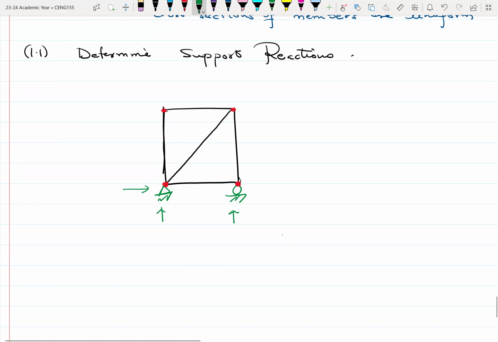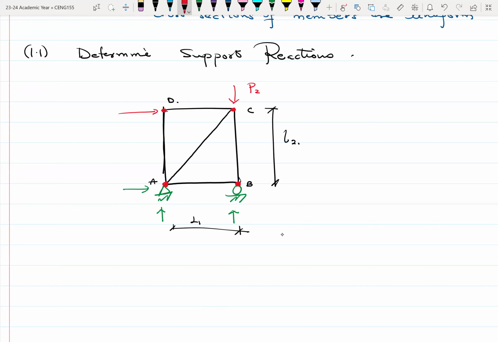This is A, B, C, D. Let me call this length here L1, and this length over here L2. Let's say I have these loads. Let me call this load P2, and this one here P1. So these are loads acting on the joints, and I want to find my reactions. So I have my HA, my VA, and my VB. I want to find these reactions.